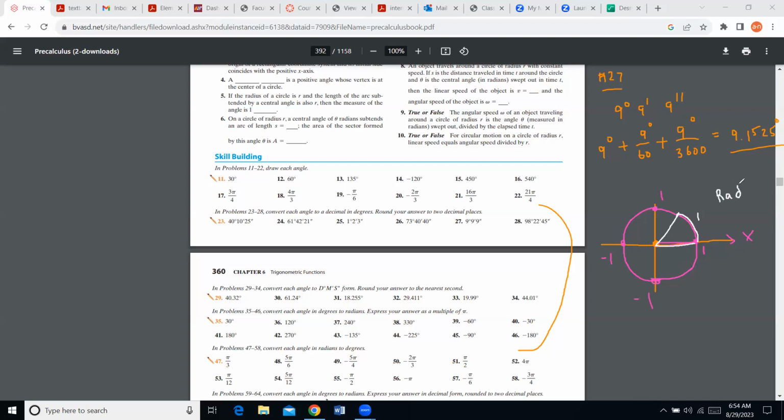And that's pretty different from degrees. Degrees, I guess, are kind of intuitive. Degrees, minutes, we used to deal with clock and get those numbers from it. But here, we actually measure it using the radius of the circle.